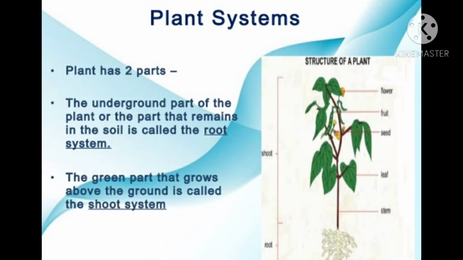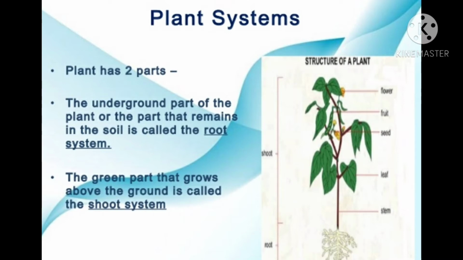A plant body can be classified into two main parts, that is the root system and the shoot system. The part of the plant which is found below the ground is known as the root system, and the part of the plant which is found above the ground is called the shoot system. The root system is the underground part of the plant, and it always remains inside the soil.